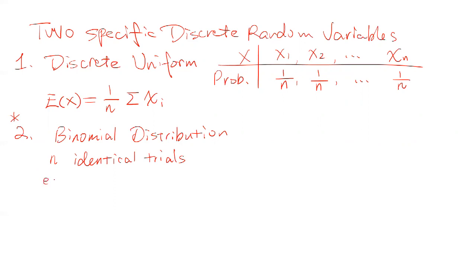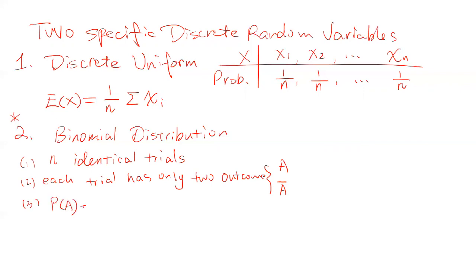In each trial there are only 2 outcomes: whether A happens or A does not happen, that means the opposite of A happens. The probability of A happening remains constant.